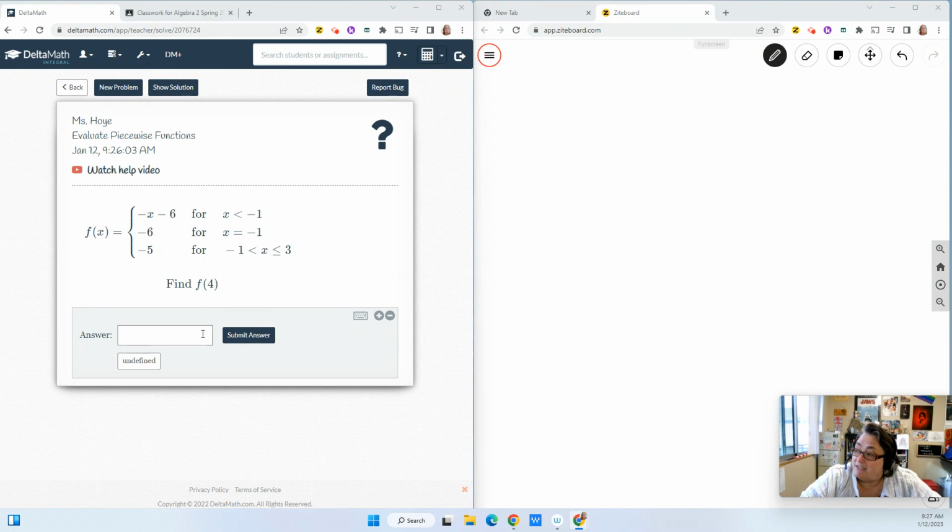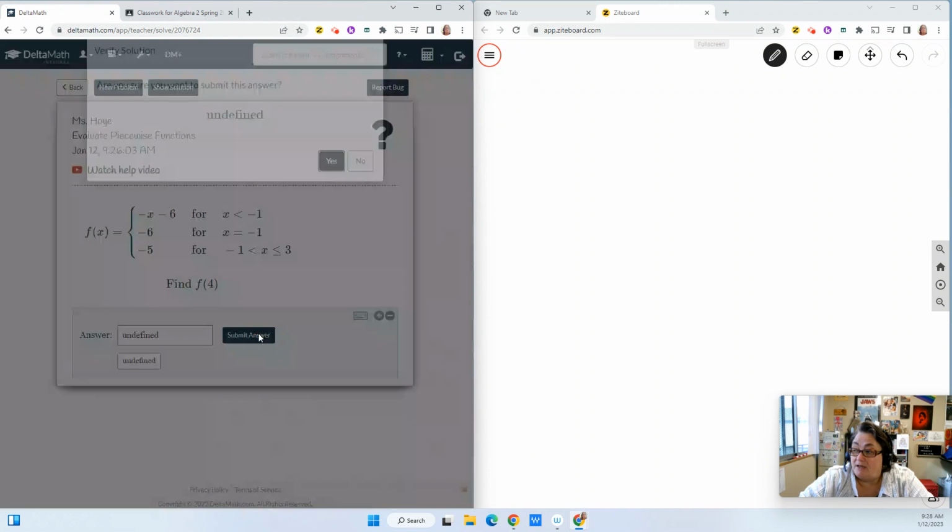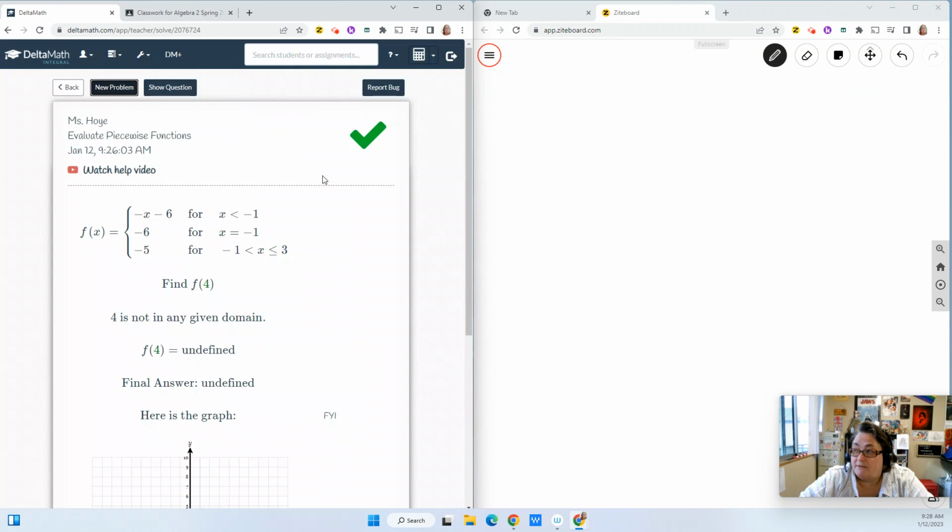This last one says x has to be in between -1 and 3, but 4 also doesn't fall in between -1 and 3. That is when we click the undefined button. That value that we're trying to plug in doesn't fit any of the rules that go with the equations that we have. We just click undefined.